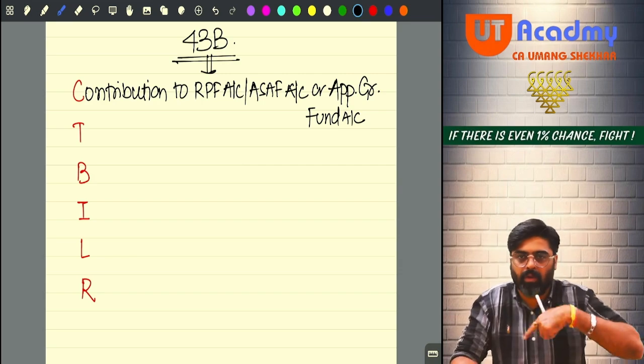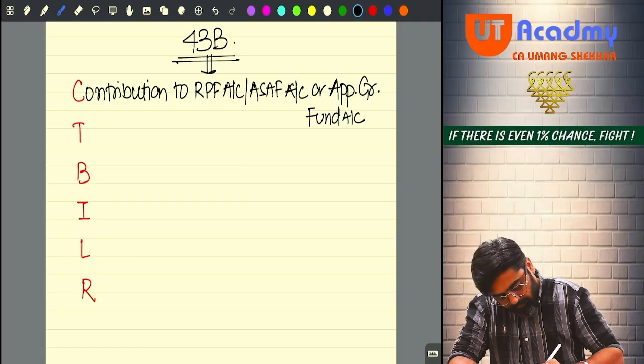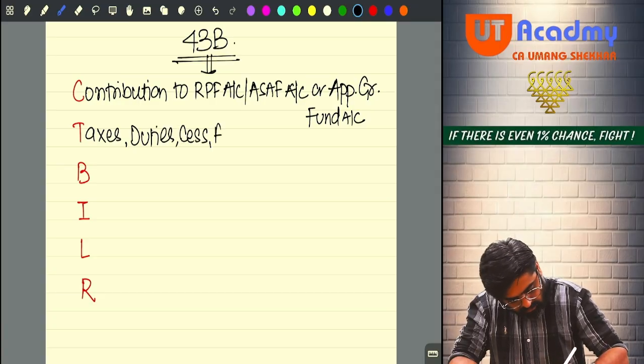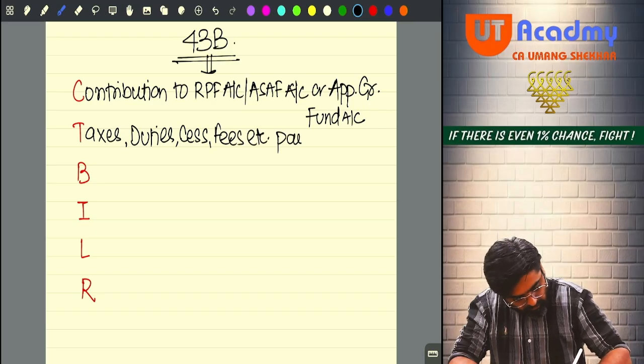Okay, so I am contributing to these funds for my employees. T for taxes, duties, cess, fees, etc. payable to government.